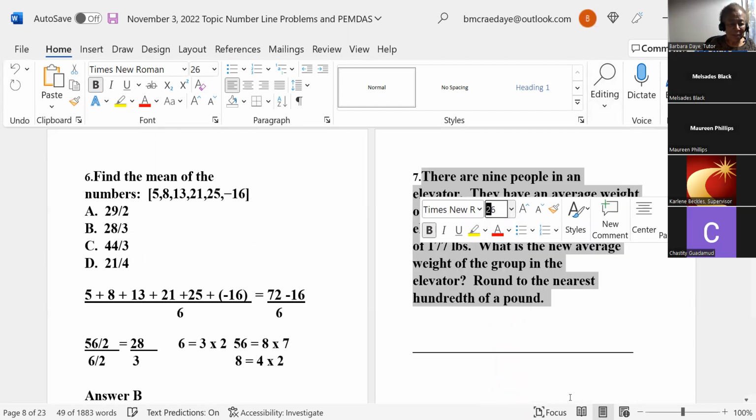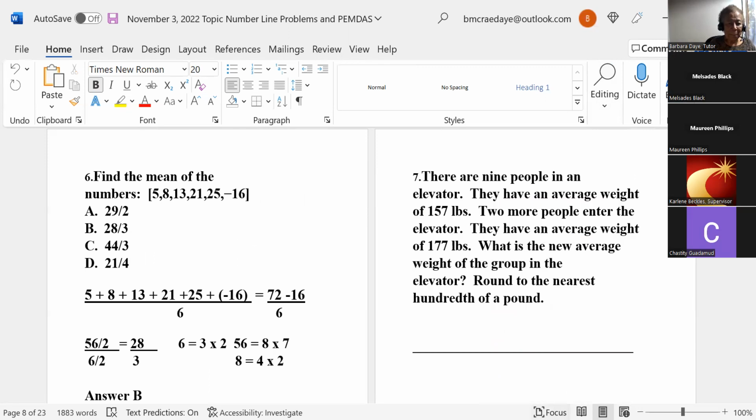Okay. There are 9 people in the elevator, right? The average should be 157. And 2 more people join. So what I did, I divided the 9 people into the rate, and then I divided the other 2 people into their rate.